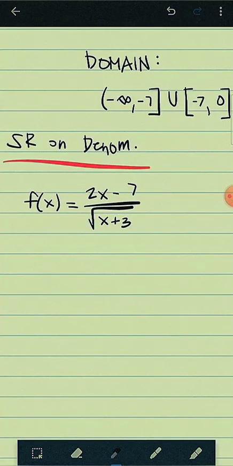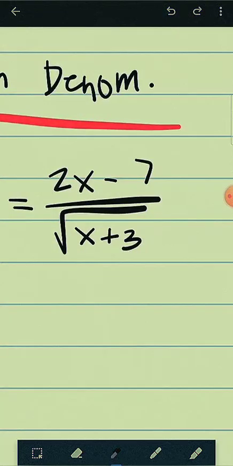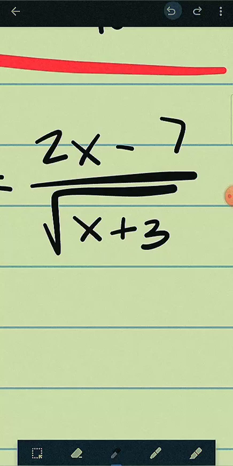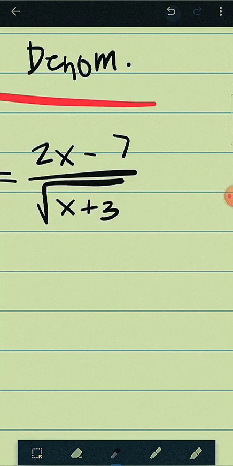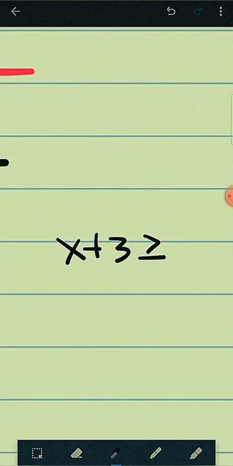How do we find the domain of this function? Since this is a square root, the inside, or the radicand, cannot be a negative number, right? So we immediately set this greater than or equal to 0.